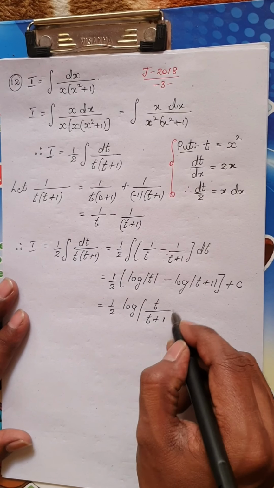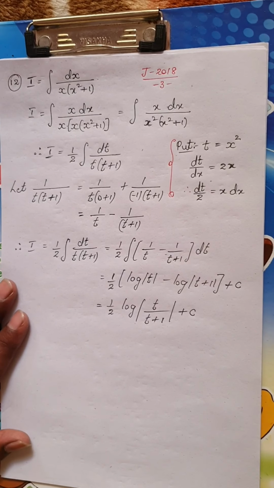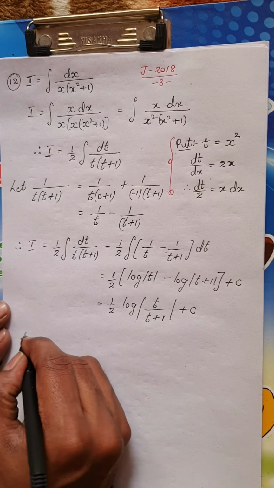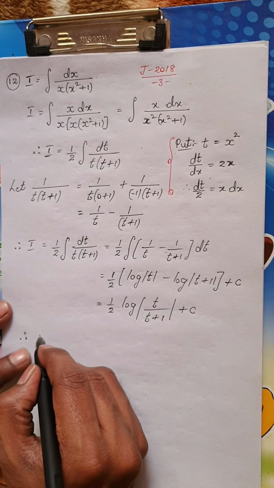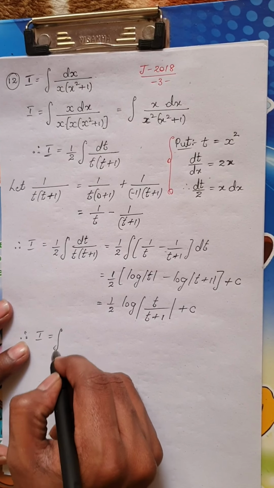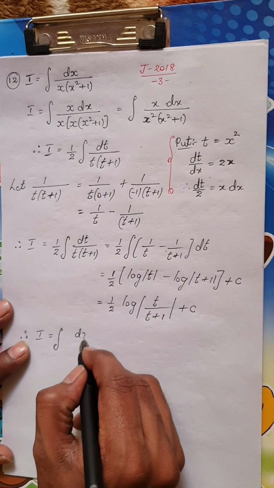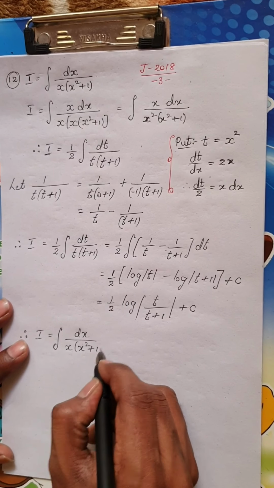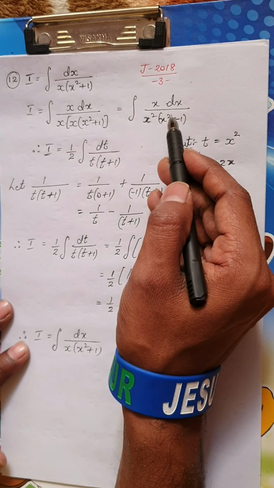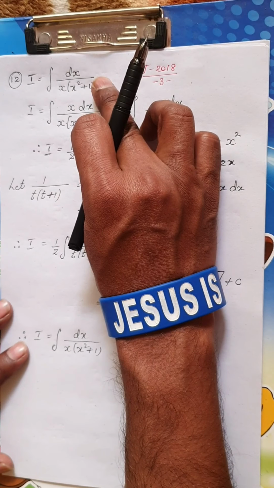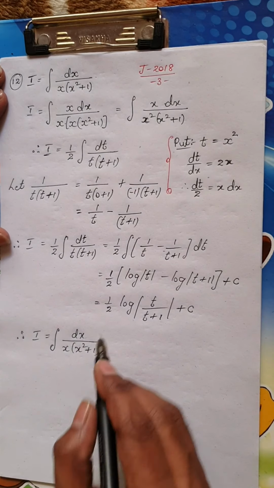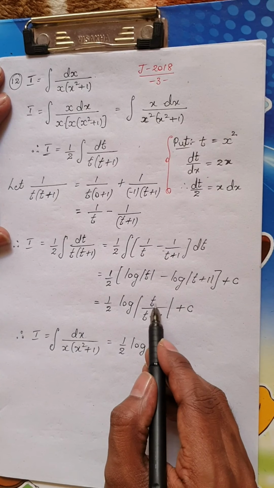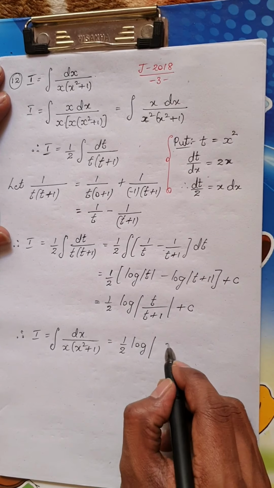So t divided by t plus 1 plus c, which is the constant of integration. Okay. Therefore, remember my original integral would be dx divided by x into x square plus 1. No matter what arrangements you did, always your original integral would be your I. Okay. So this is nothing but half into log of mod, replace back for t, which is x square.